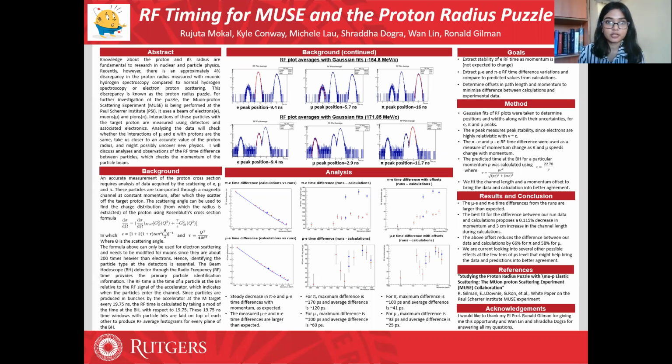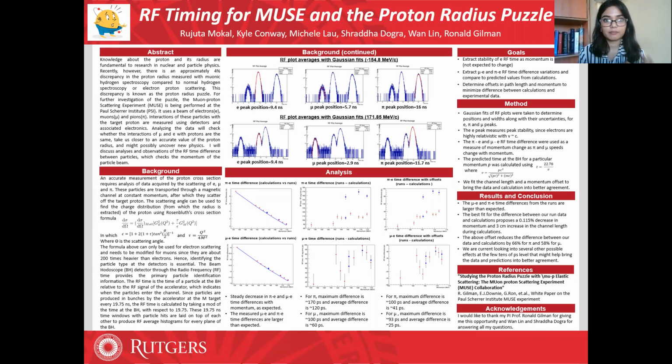So in my poster today, I will be focusing on the RF time difference between particles at different momenta. But why exactly is it necessary to study this RF time? For our cross section, we use Rosenbluth's cross section formula, which you can see right here. This formula tries to understand the charge distribution from which we can extract the proton radius.